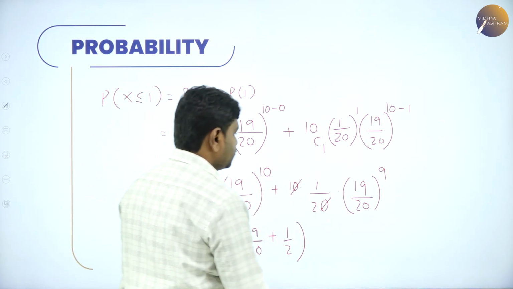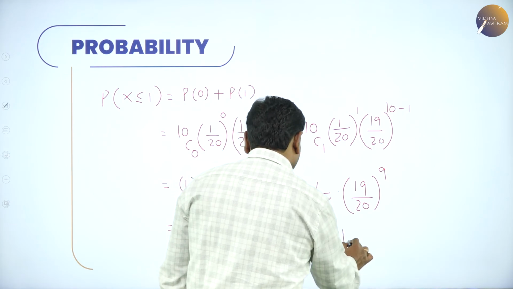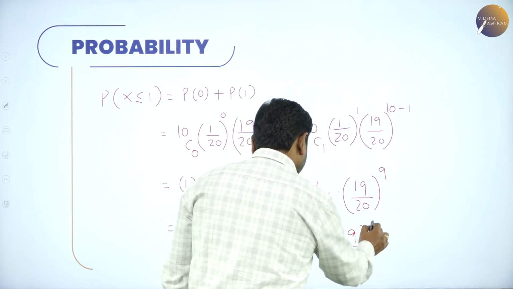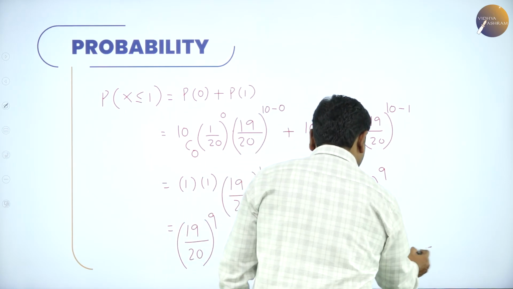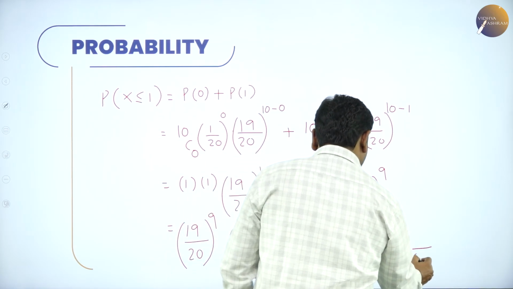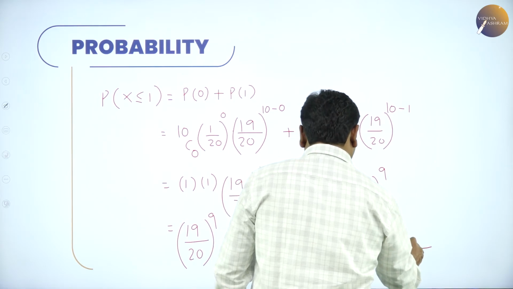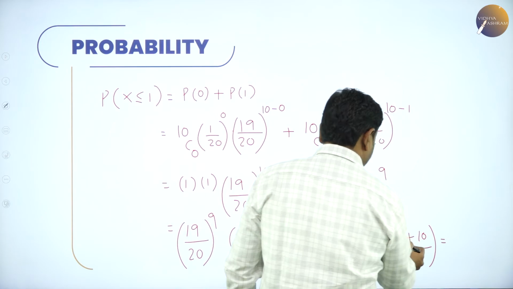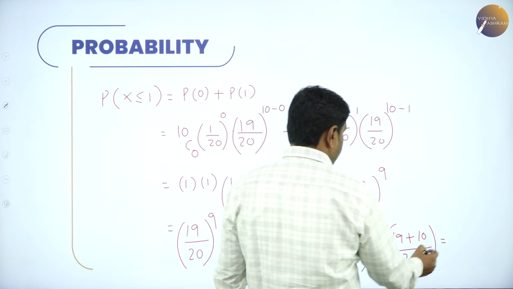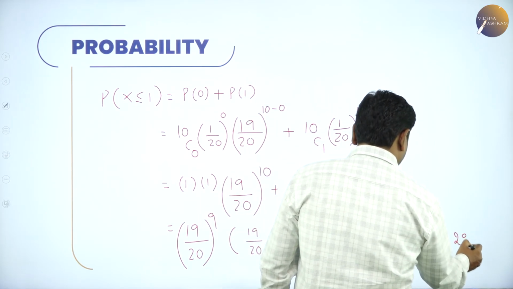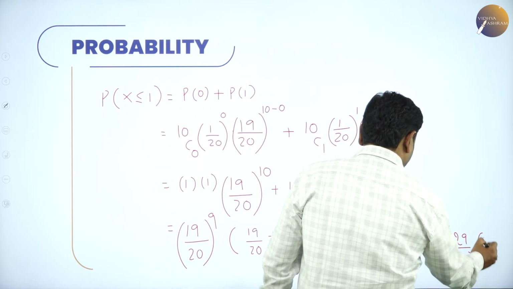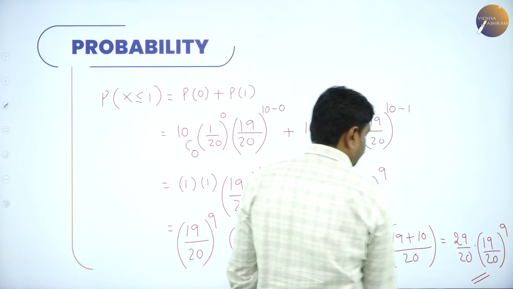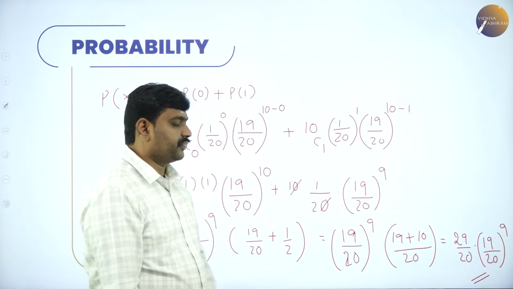Now simplify this: 19 by 20 power 9, don't disturb this, into, taking the LCM which is 20, this will be 19 and this will be 10. So it will become 19 plus 10 is 29, 29 by 20 into 19 by 20 power 9. You can leave it here. This is in standard form.